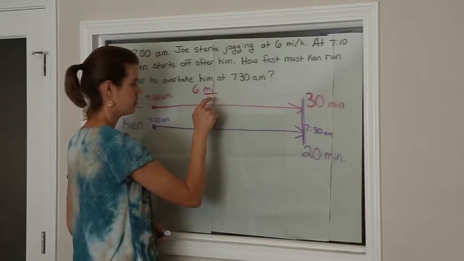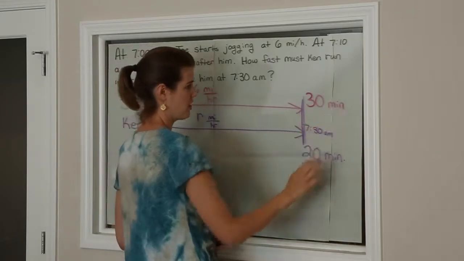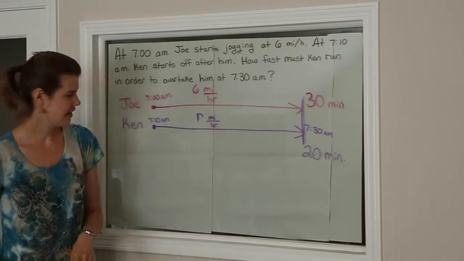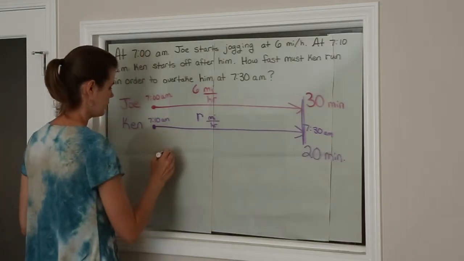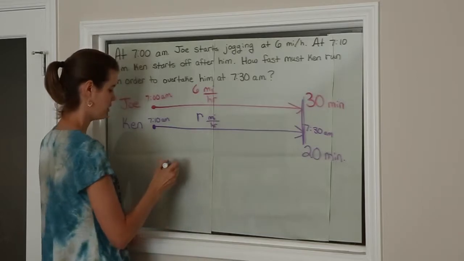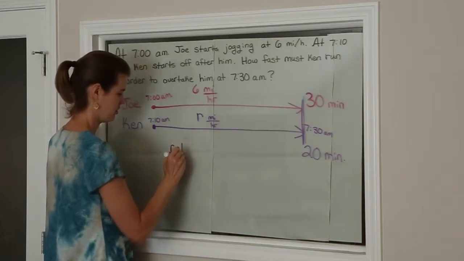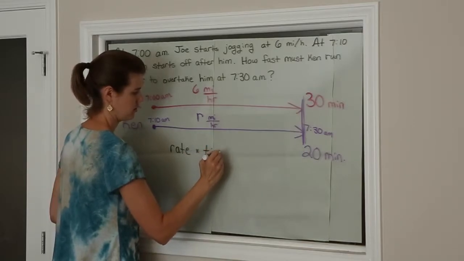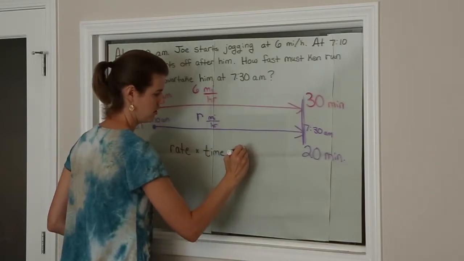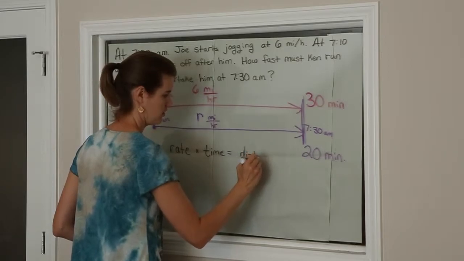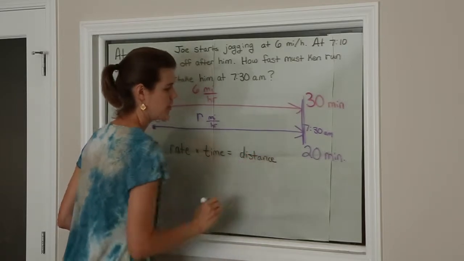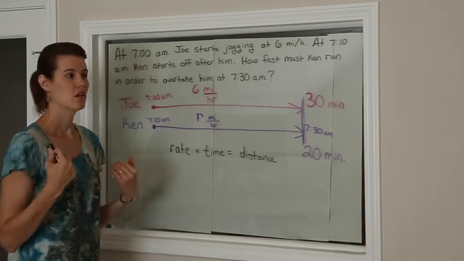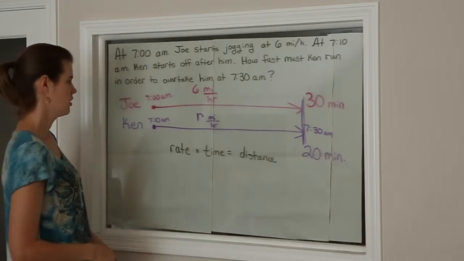This is miles per hour, and over here we know our time in minutes. Now for this section, they gave me the formula rate times time equals distance. But you need to be mindful of your units. If you keep track of your units, you'll be sure to get the right answer.